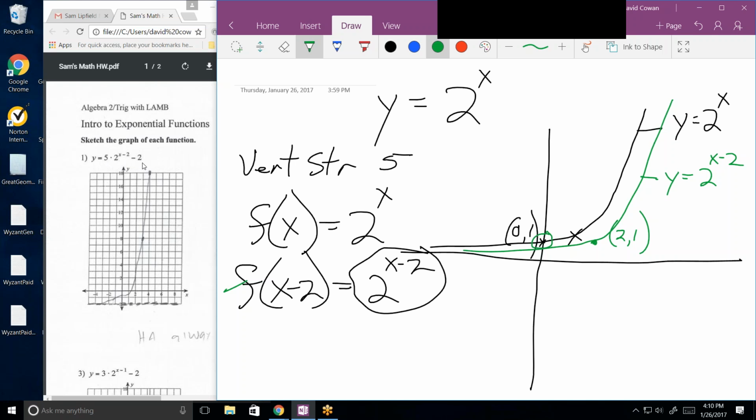But the minus 2 merely takes this new point and moves it down 2 units, which puts it at 2, minus 1. Let's do this in red. So this curve here is now y equals 2 to the x minus 2, minus 2.